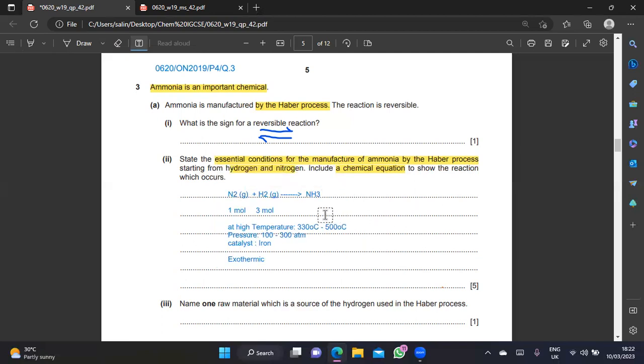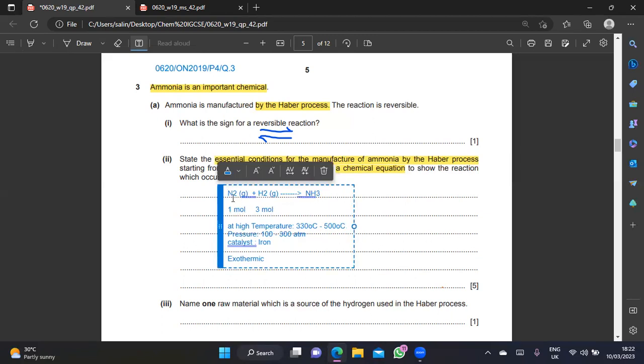Now, after that, you do need to balance this chemical equation. How to balance? Both the left and the right must have the same number. Hydrogen here is 2, hydrogen here is 3. Nitrogen here is 2, and nitrogen in my ammonia is 1.